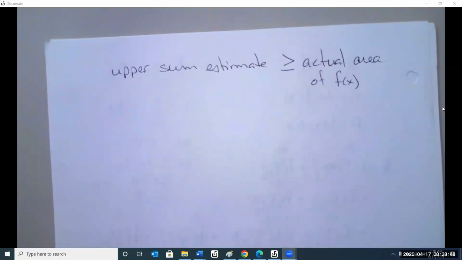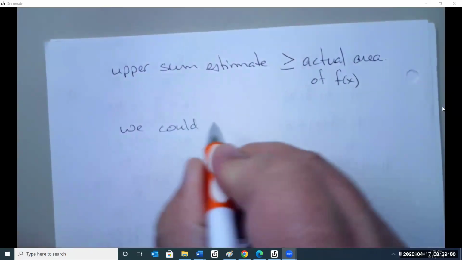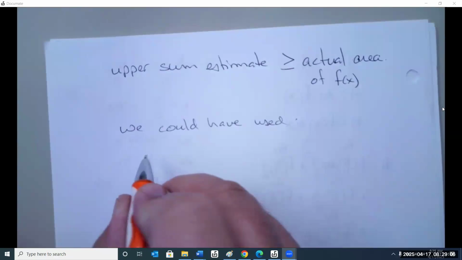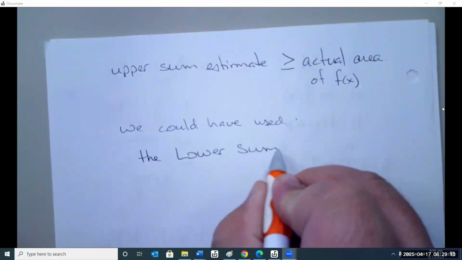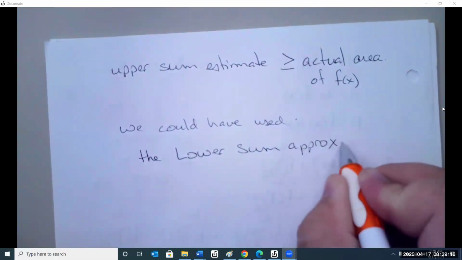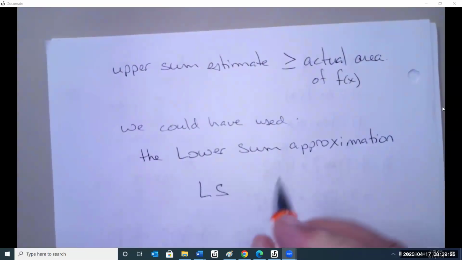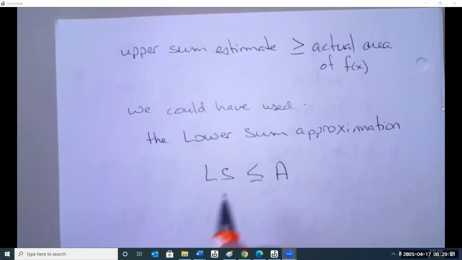Now, did we have to use the upper sum approximation? No, we could have used the lower sum, or even better, which one? We could have used the lower sum approximation, which would have done what? Then our lower sum would have been less than the actual area of our function.